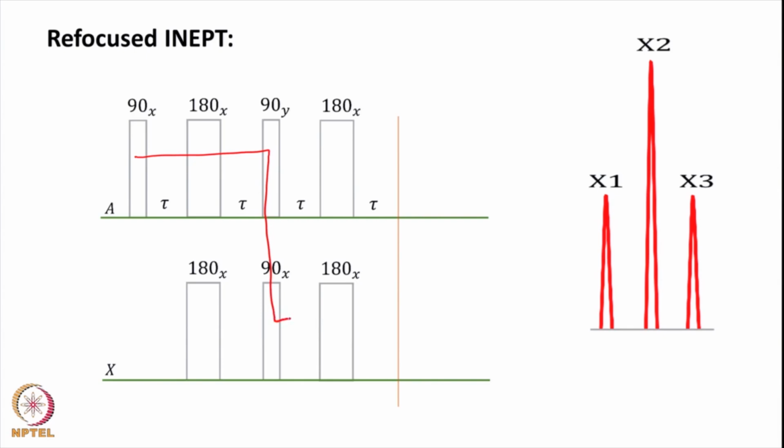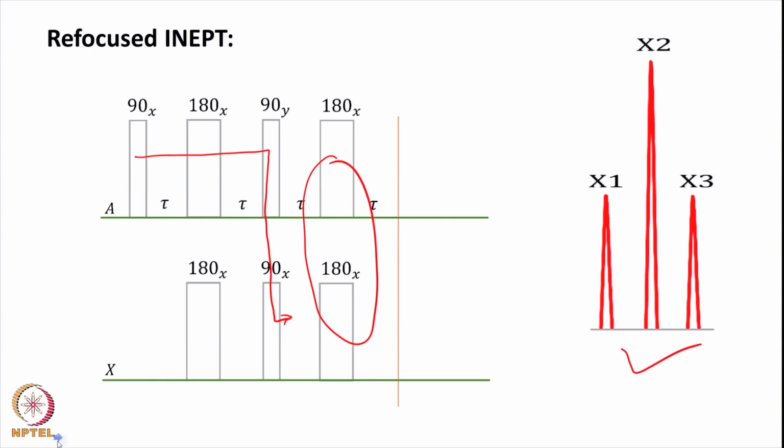Now, magnetization was here at INEPT, and then we are doing this spin echo, that means tau, 180, tau, and because of that all the lines, some of which were negative and some positive, are now all positive. So, this refocused INEPT removes the problems associated with INEPT, and all the lines here have a positive signal.